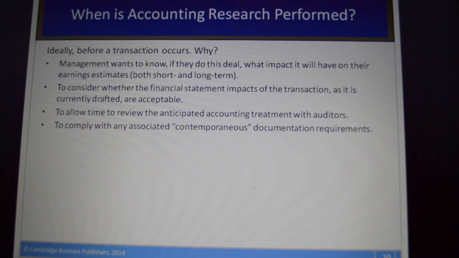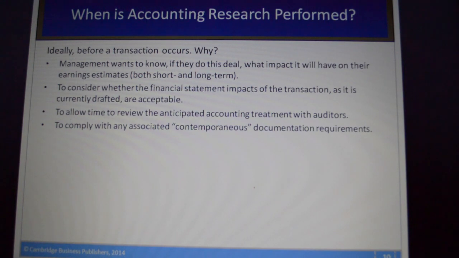It allows management to adjust forecasted earnings to reflect the expected impacts of the transaction. It allows the accounting team to prepare timely documentation of the expected accounting position. And it also allows the audit team to review the proposed accounting treatment before the transaction is recorded.